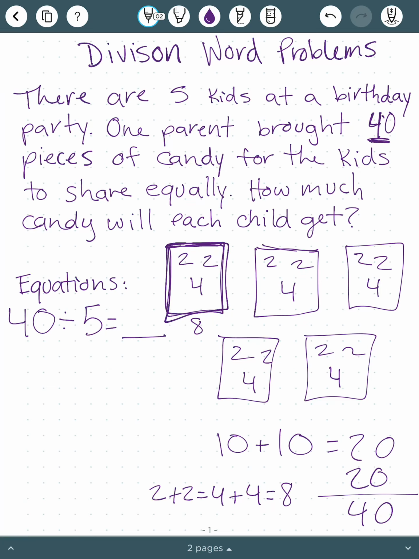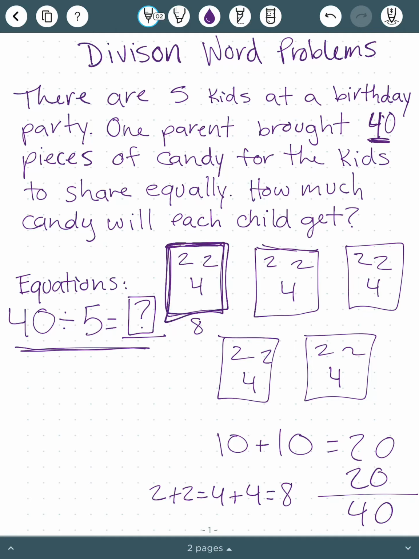In their equation, I like them to keep the unknown, so they can fill in the answer after they know, but we want the equation to directly match the word problem. They can use a question mark, a box, a letter, whatever they want. But that would be the equation to match the story.